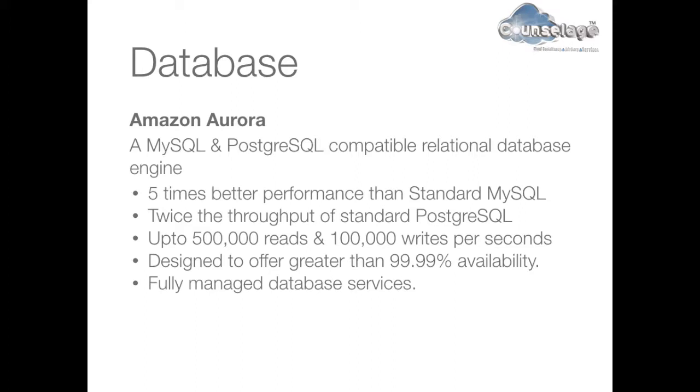Amazon Aurora provides 5 times the throughput of standard MySQL or twice the throughput of standard PostgreSQL running on the same hardware. On the largest Aurora instance, you can achieve up to 500,000 reads and 100,000 writes per second.